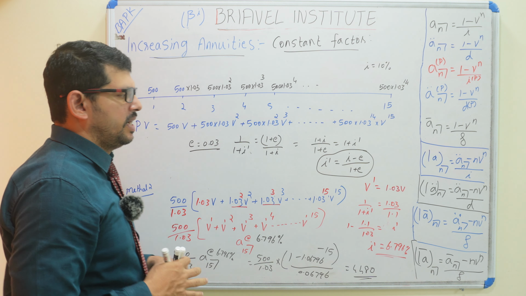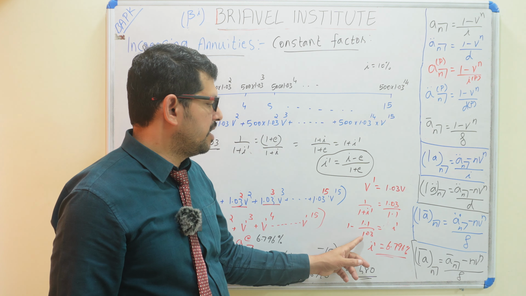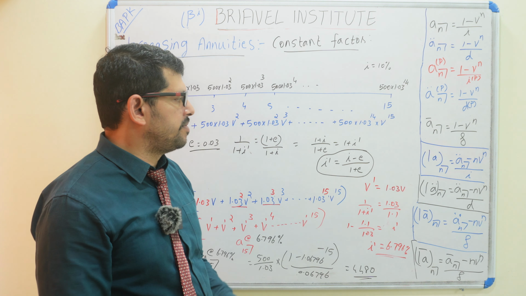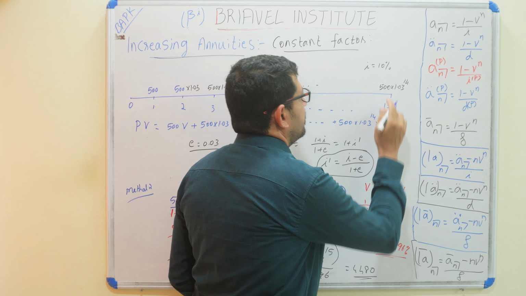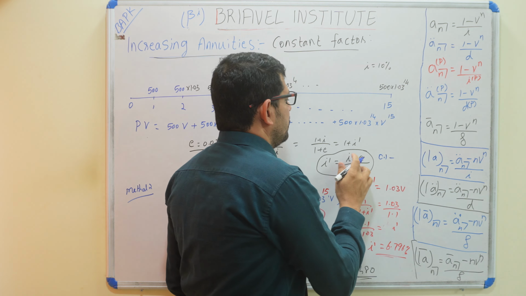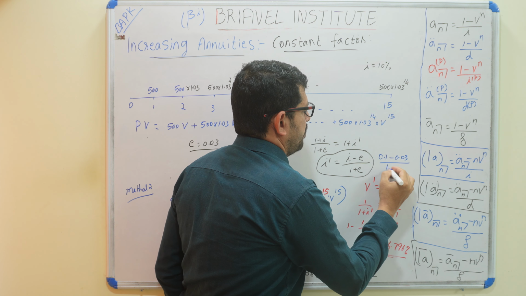Here also we solved directly, 1.03 divided by 1 plus I, to find out I dash. We can directly substitute here. How to substitute? I is equal to 0.1, 10 percentage, minus E is equal to 0.03, that is 0.03 divided by 1.03.